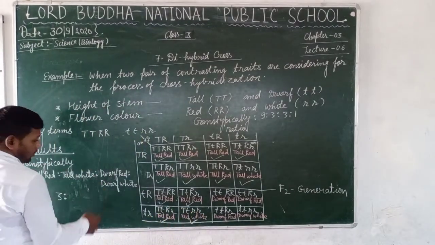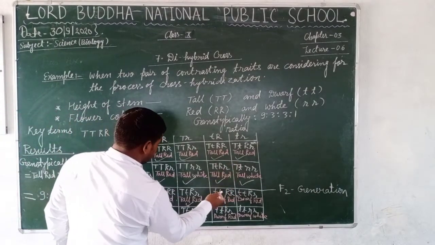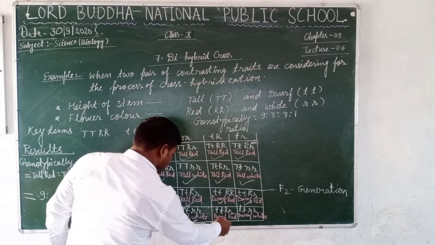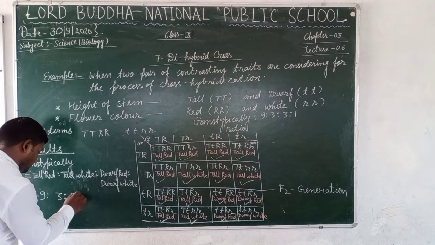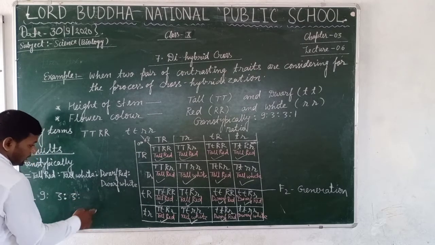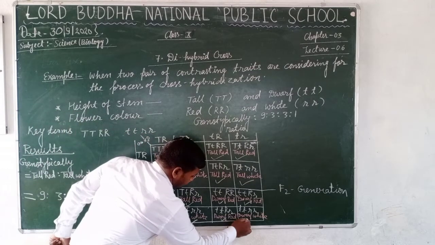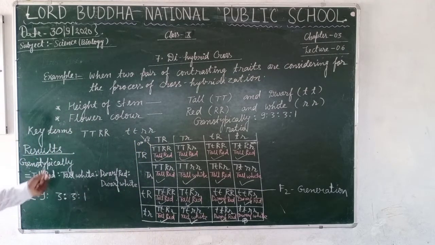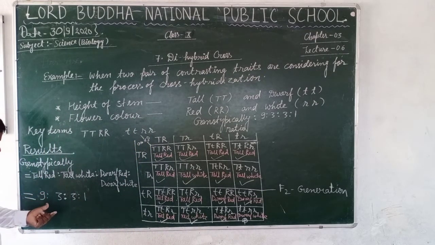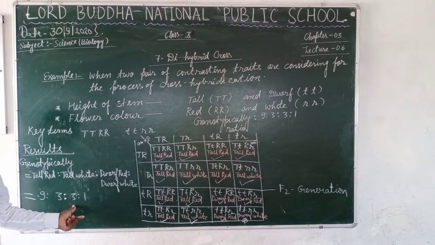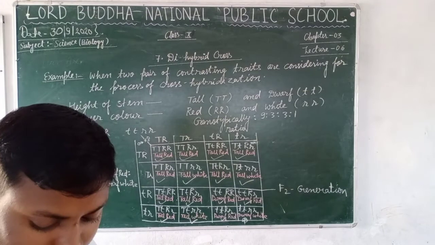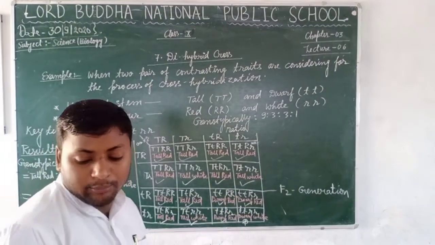Now students, dwarf red: 1, 2, and this is the 3 dwarf red, and dwarf white, this is the single dwarf white. So students, the ratio obtained is 9:3:3:1. Hence students, this is called the dihybrid cross.